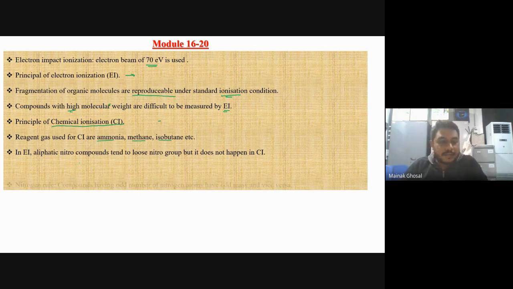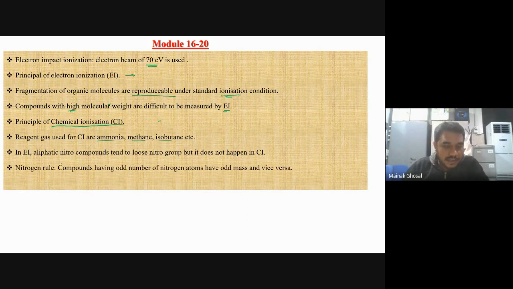Now, one thing comes: the nitrogen rule. What does the nitrogen rule say? The nitrogen rule states that compounds having an odd number of nitrogen atoms have odd mass, and vice versa. Nitrogen has a mass of 15.